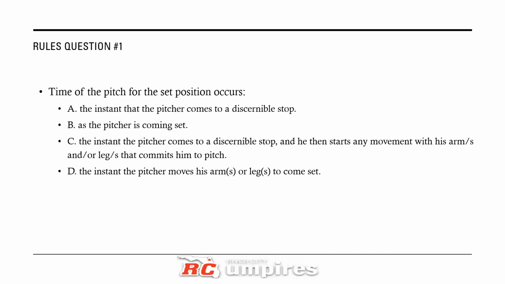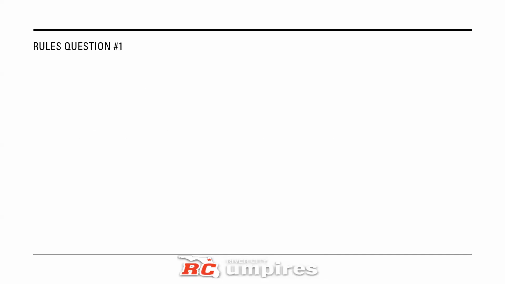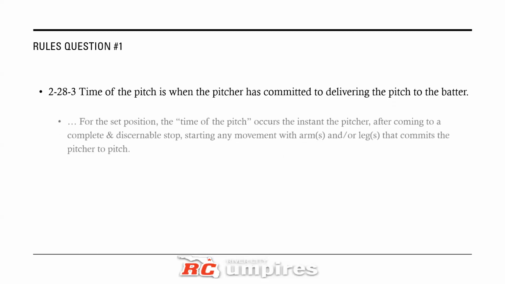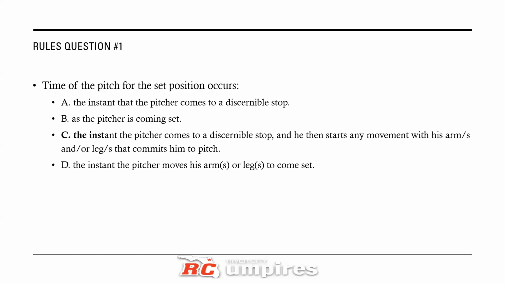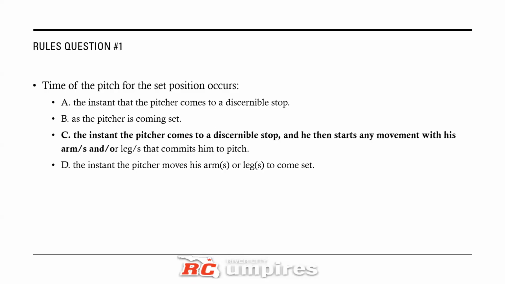The reason why I find this one obvious is it's the one that's not just "as the pitcher is this." It kind of goes through this big long explanation. So to me, that's a red flag to say, yeah, probably it's the longer sentence. It is C, right? So it's the pitcher comes to a discernible stop and he starts any movement with his arms or legs that commits him to the pitch. Okay.